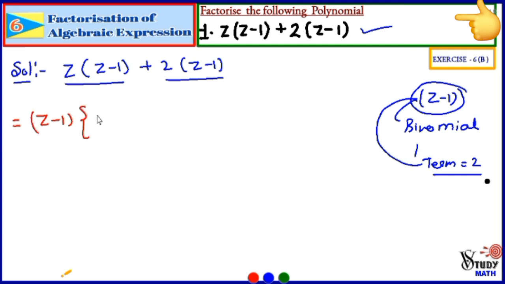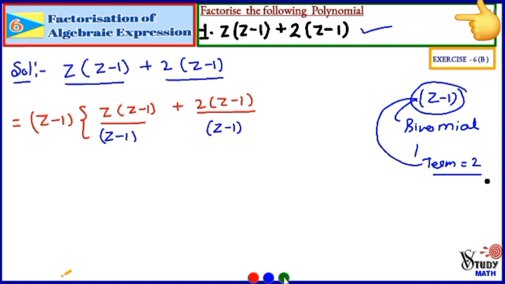So what we do here, from the first term we take it out, and from the second term we also take something common. The common thing we are going to write in the denominator. We take z - 1 common from the first term, and from the second term we also take z - 1 as common. So this binomial and this binomial are the same in denominator and numerator, so they cancel out each other.